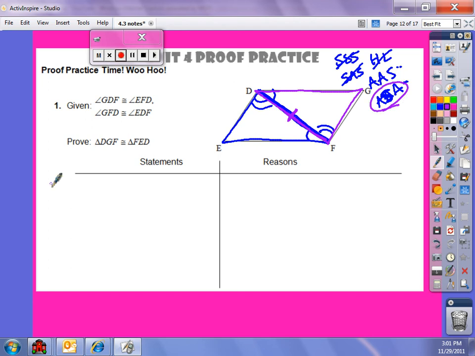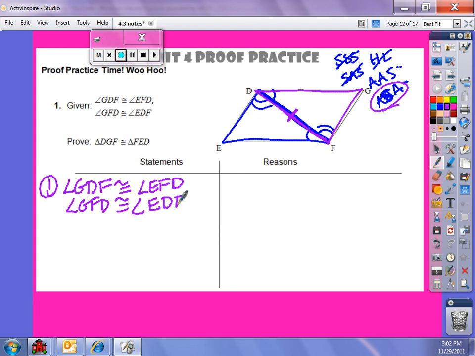So let's write out our proof. Angle GDF is congruent to angle EFD, and angle GFD is congruent to angle EDF. These guys are both given. The other thing that we need to mention, I've got an angle, I still need to mention this side in order to get angle, side, angle, is that DF is congruent to FD.